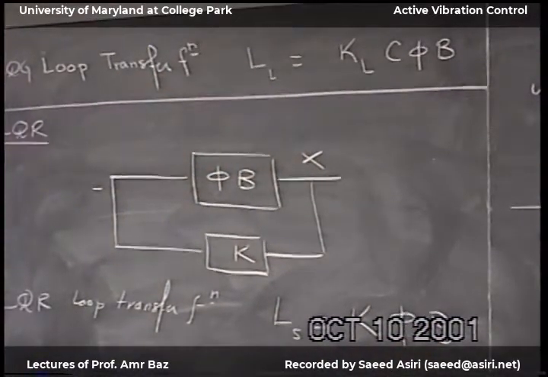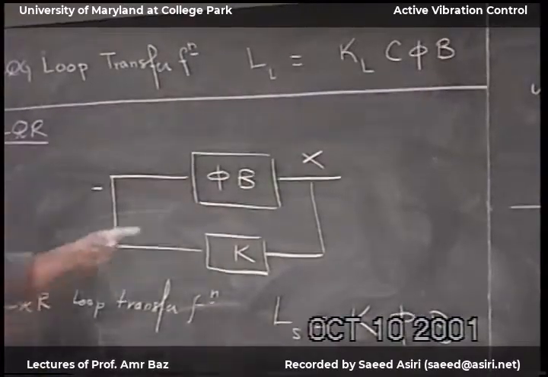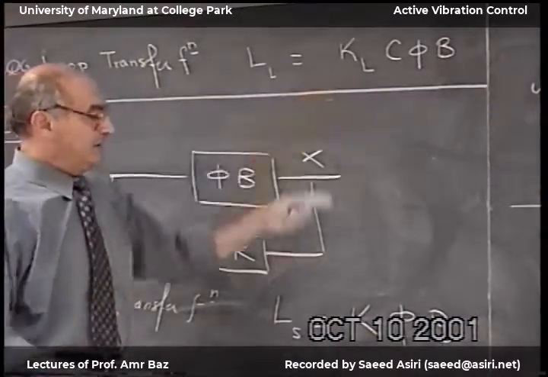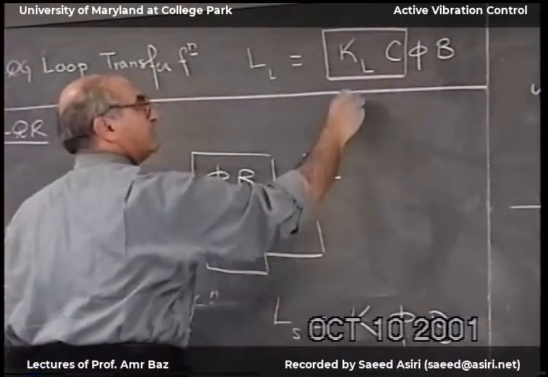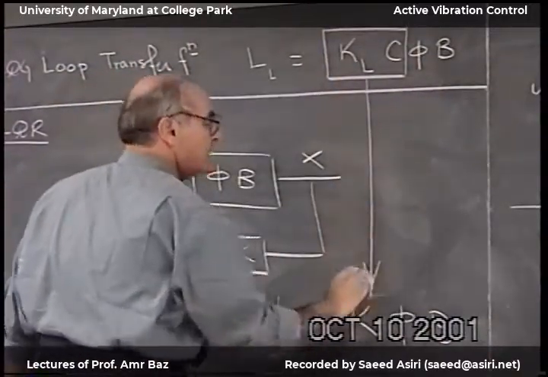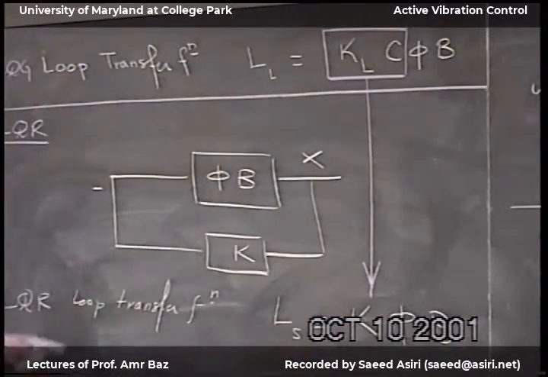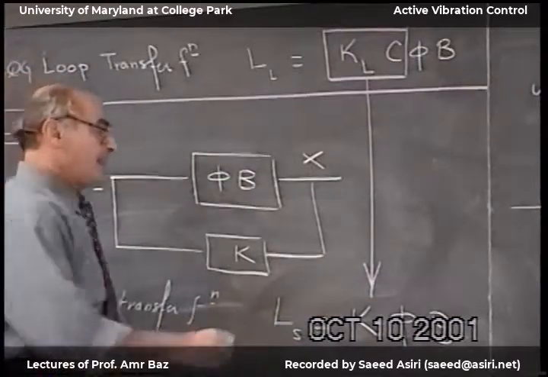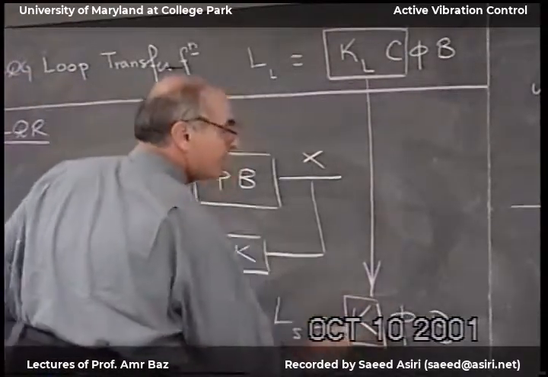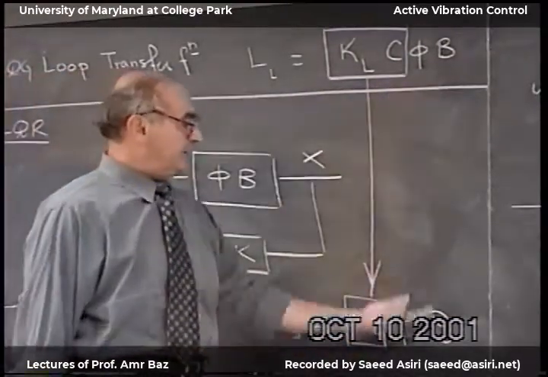And our job is to look at this K_L and C and try to make them like this K. If we do this, we can recover completely the K, because the last two terms are exactly the same.